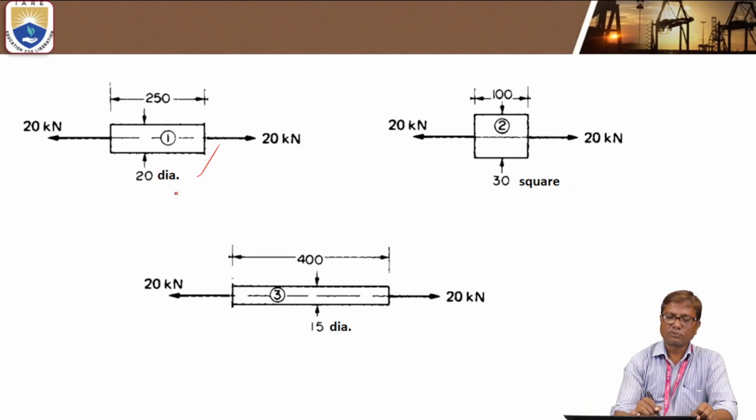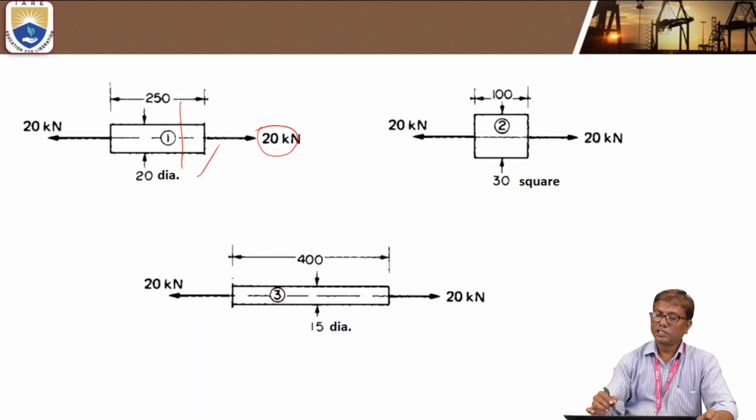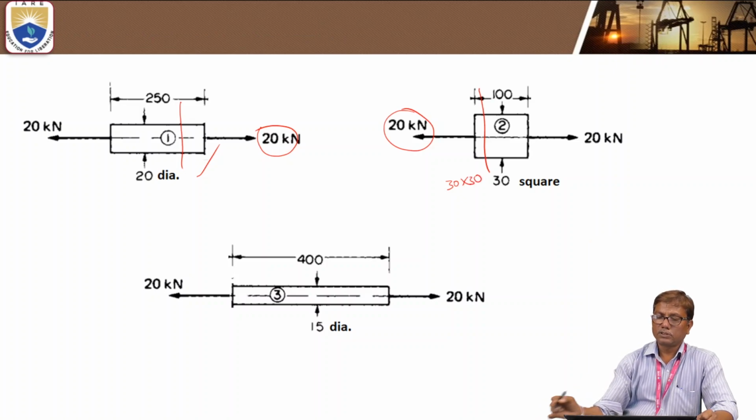So here, the stresses in each bar we calculate. The stress in bar 1 is given as load by area of cross section of portion 1. Similarly, stress in bar 2 is load, again 20 kilonewtons, by area of cross section. Here the area of cross section is square, so 30 into 30.